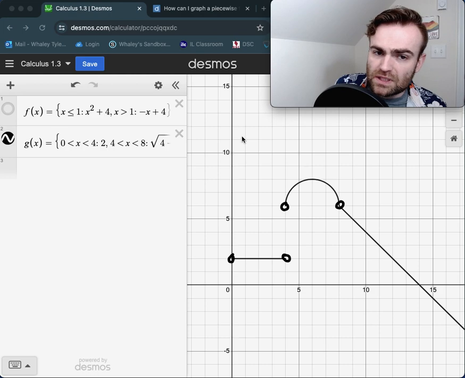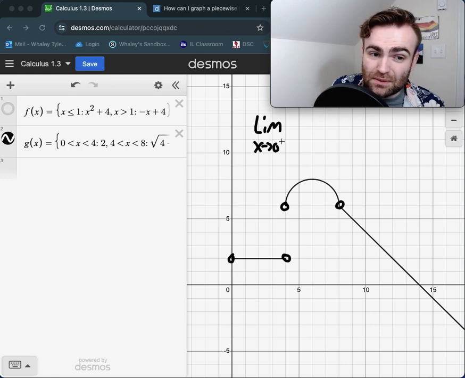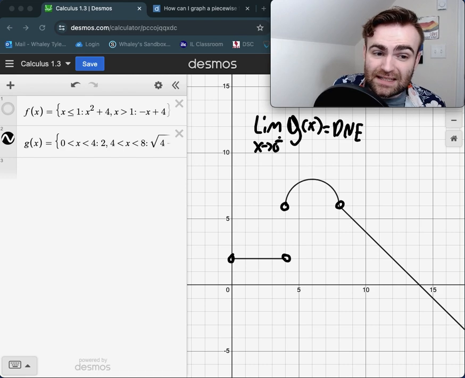Let's look at some weird spots in the graph. Let's look at this. Right now the graph is only showing something on the right-hand side. So the left-hand side limit doesn't exist. The limit as x approaches 0 from the left of, in this case, g of x, does not exist. But the right-hand side does.